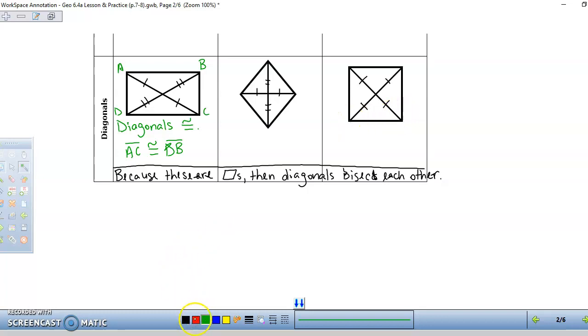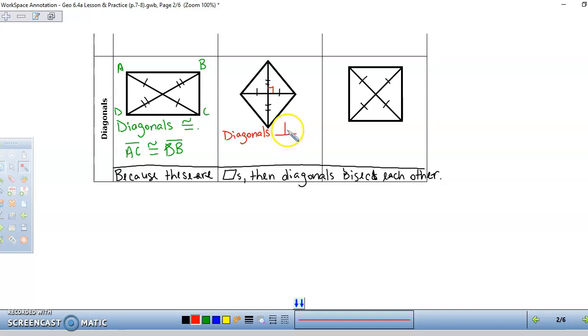Okay, what is special about a rhombus is that the diagonals are perpendicular. There's actually another thing we have to write, but diagonals are perpendicular. The symbol for perpendicular is this upside down capital T. I'm not sure if we did that yet, but that means perpendicular.